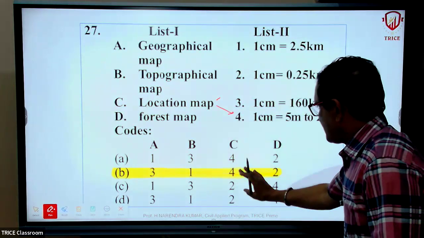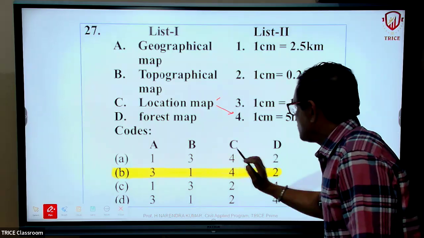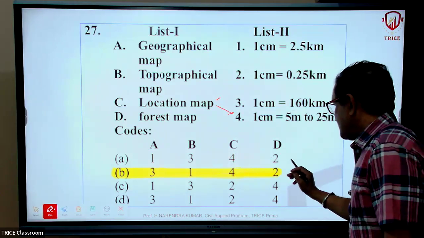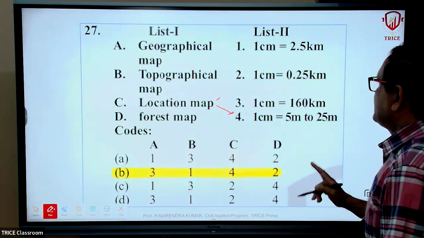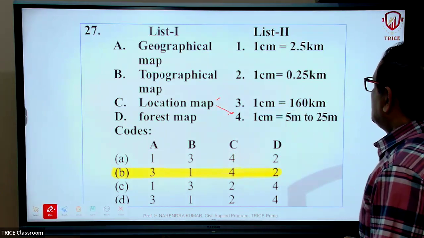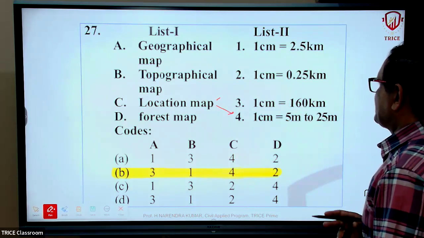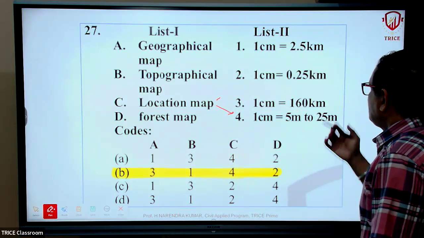So when you look at the options, C4 is there in 2 places. So either A is correct or B is correct. Now I need to look for the other one. The other one is nothing but the topographical map. Easy for me. Topographical map. Okay, I will look for the options.